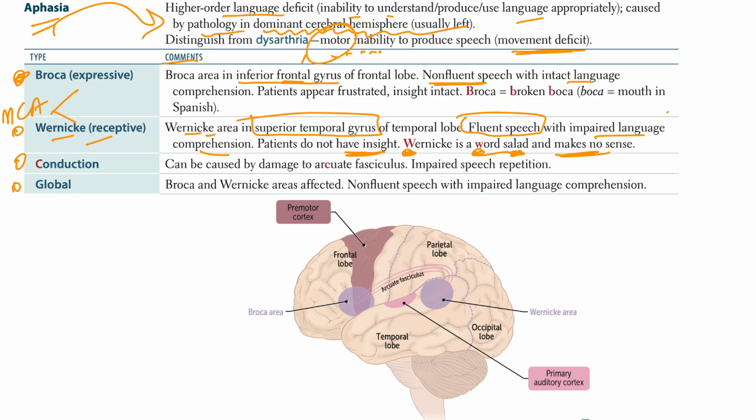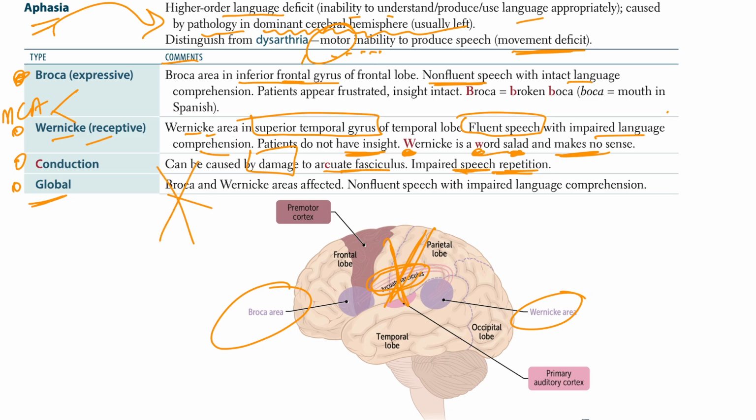Then you have conduction. Conduction is all about your arcuate fasciculus, which connects the Broca and the Wernicke's areas. If you get damage to this arcuate fasciculus, you will have impaired speech repetition. With global, both areas are affected.